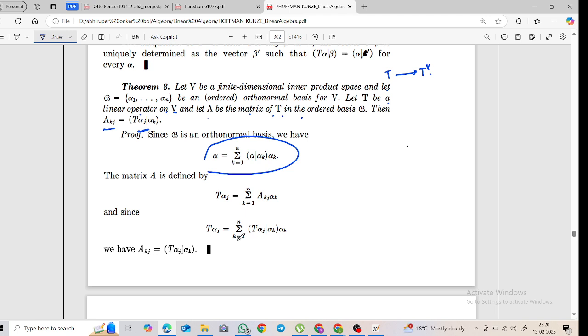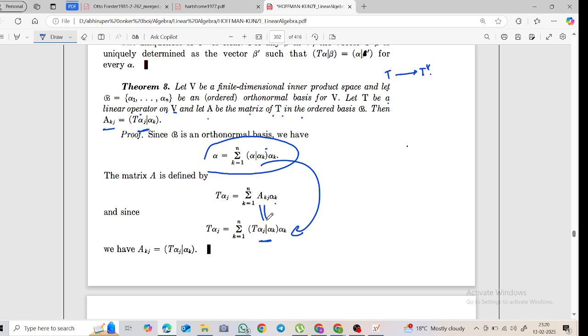And this relation we have established in the first section of this chapter. So T alpha j is this, and also T alpha j is of this form. This is the general expression of evaluating a linear map on a basis.